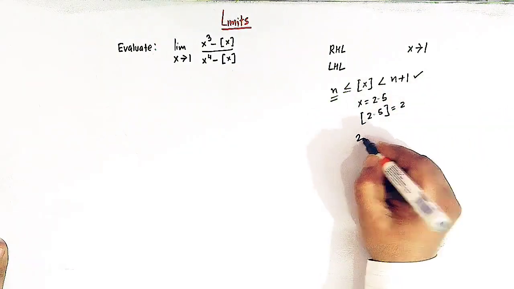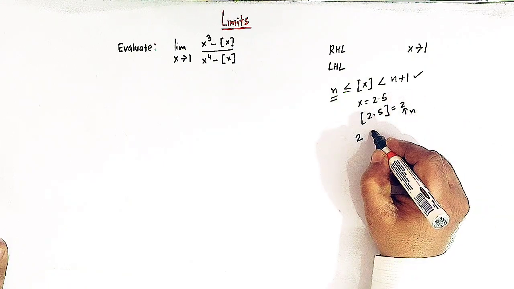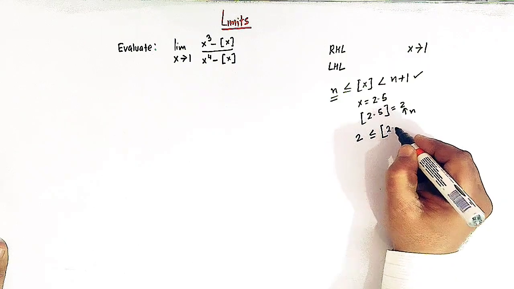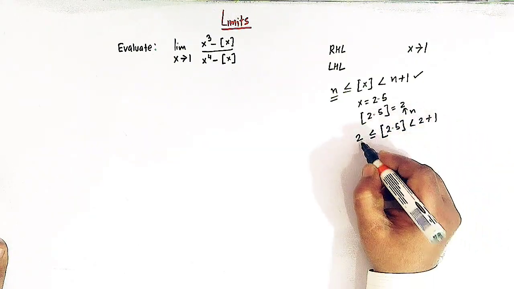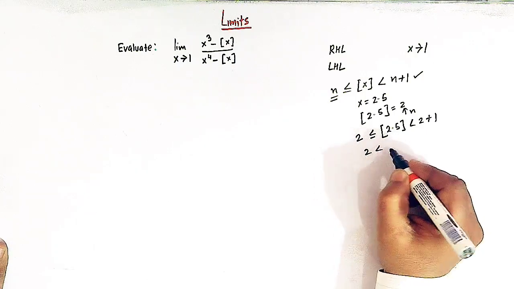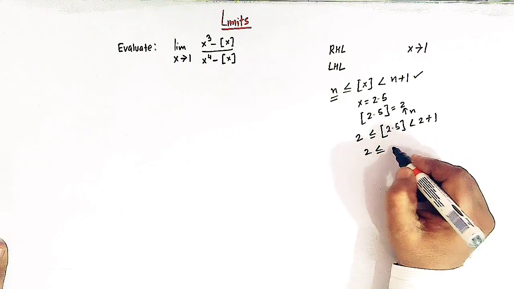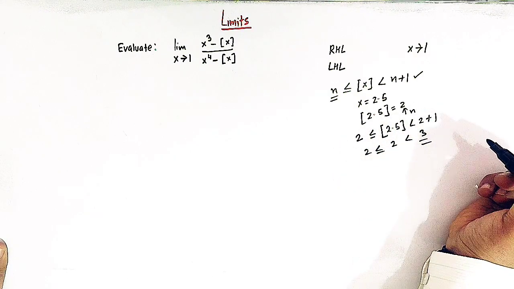Here n is 2, so we have n less than or equal to greatest integer of 2.5, less than 2 plus 1. So we can write 2 less than or equal to greatest integer of 2.5, which is simply 2, less than 2 plus 1, that is 3.